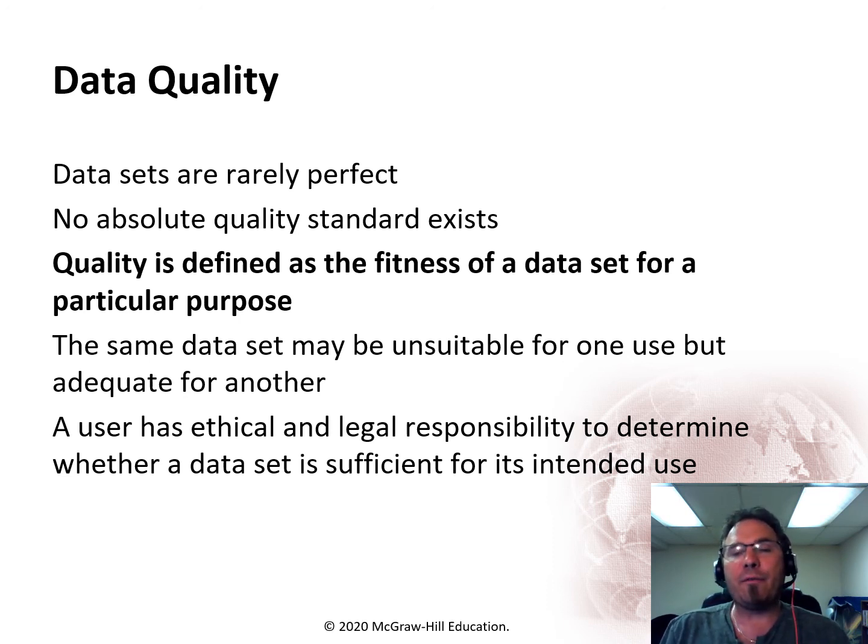So quality is defined as the fitness of a data set for the particular purpose, and that goes back to the map scale. If you're doing a citywide data set analysis, you should be getting your data sets from the city, not from the federal government, because those are going to be much more generalized because they're just looking at, let's say, countywide or even statewide or nationwide type boundaries.